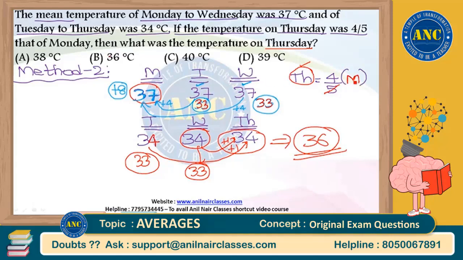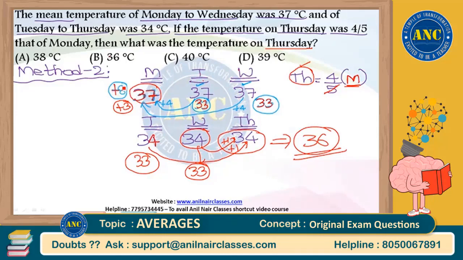I know that Monday should be a multiple of 5 because I want to cancel this 5. So 37 can be made as 40 or 45. But if I want to make 40, I should get 3 units from Tuesday and Wednesday. 3 units equally divided is 1.5, so I will not take it. The next thing is I will make 45.